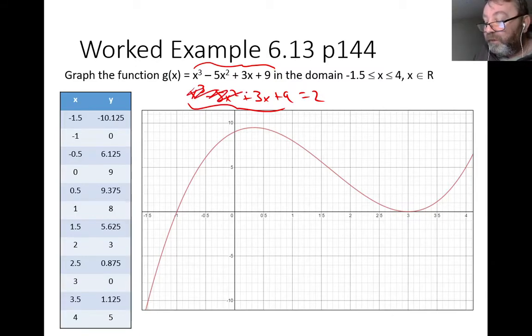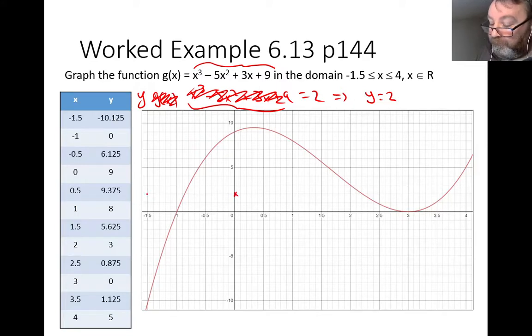So instead of using all of that, I'm going to replace it with g of x. But here's what I know. The name of the function is also a substitute for y. So what do I end up with? I end up with nothing more than y equals 2. So I go to the y-axis, I find out where 2 is, I draw a line horizontally using a ruler across that as best I can.